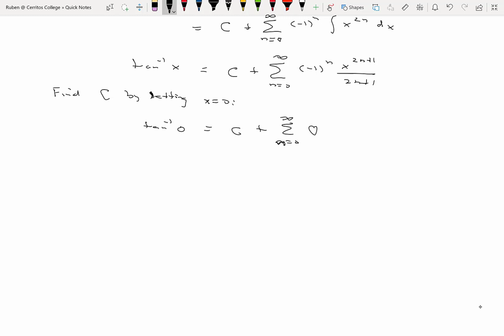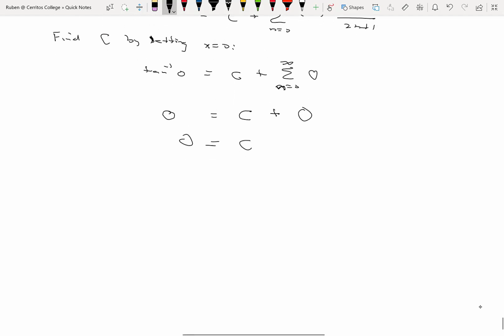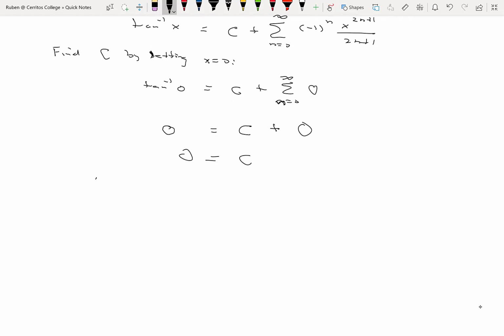It's just 0. So this says the inverse tangent of 0, which is 0, equals c plus the sum of a bunch of zeros, which is 0. The constant of integration is 0. This is amazing. This is the reason why series are so absolutely important.